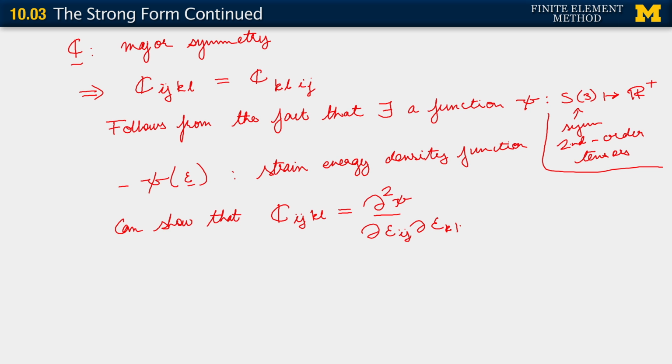In fact, linearized elasticity, since it says that C is constant with respect to epsilon, implies that psi has to have a certain form. Can you think of it? Psi of epsilon is quadratic.